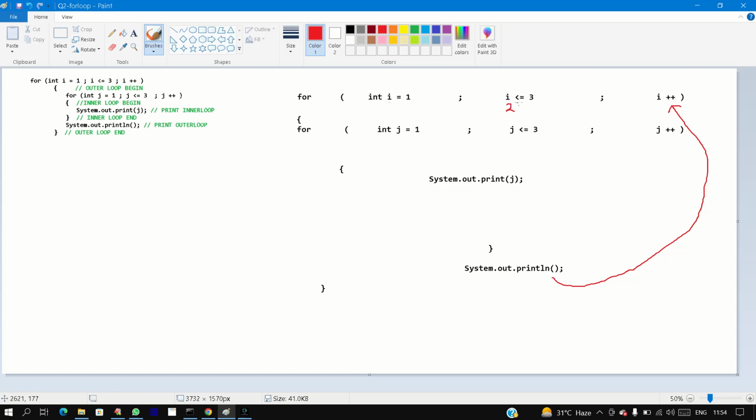Now the condition will be checked again, because the format goes like this: initialization, condition, update. Initialization, condition, then if the condition is true, System.out.println. After System.out.println, we have to go to update. After update, condition, then if the condition is true, System.out.println, isn't it?